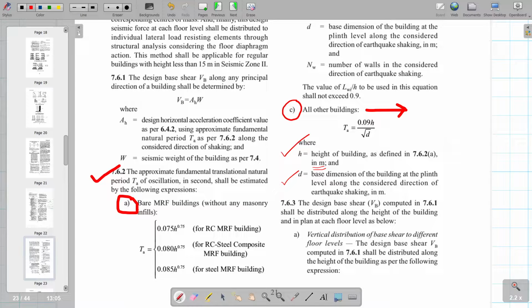Means what? In plan, as I showed you, there are two directions, that is x and y. So if you are calculating for earthquake in x direction, you have to consider the x direction, and for y direction earthquake you have to consider y. Okay, how to calculate? I will show you.